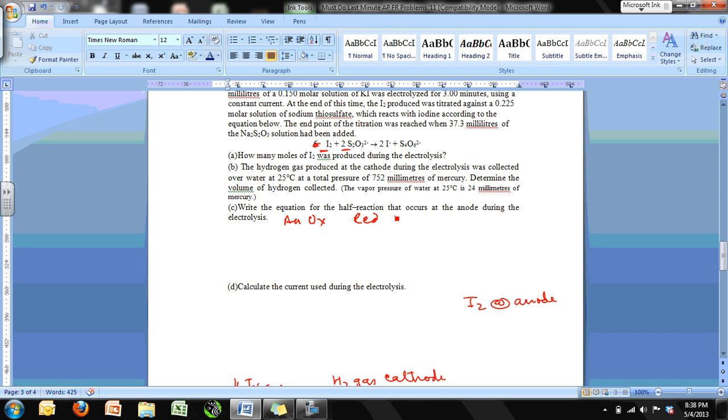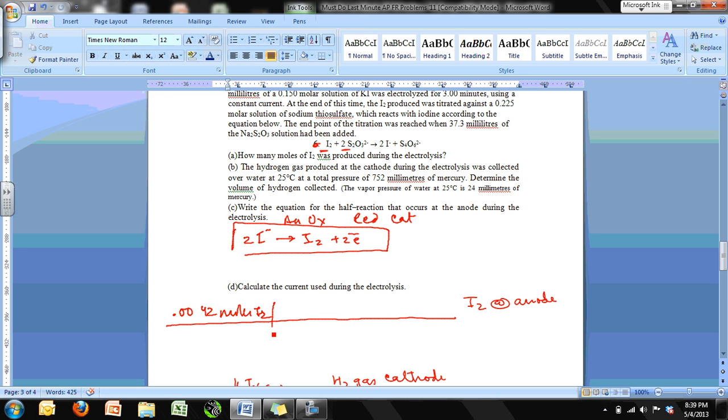So what happens at the anode is oxidation, and you know iodide is being oxidized into iodine plus 2 electrons. So that will be the reaction at the anode. And then they say calculate the current used in this electrolysis, and that's where we'll do what we've done in part B. You can say that you made 0.0042 moles of iodine.